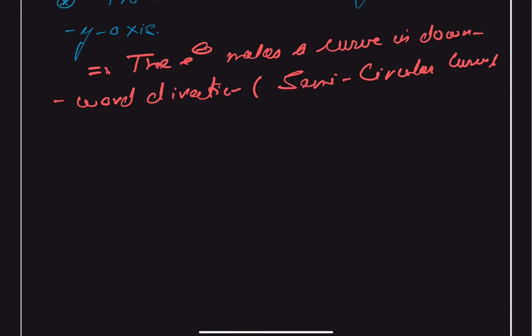And from here we can also say that the electron will move in a region where y is less than 0.